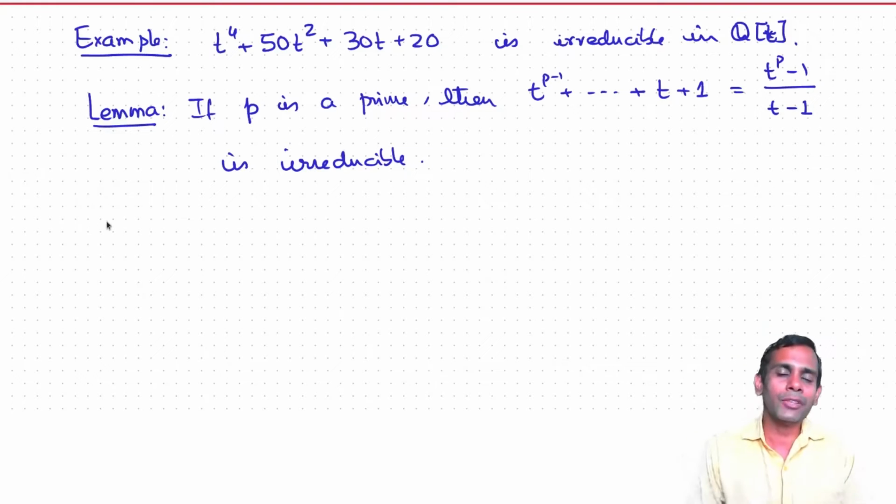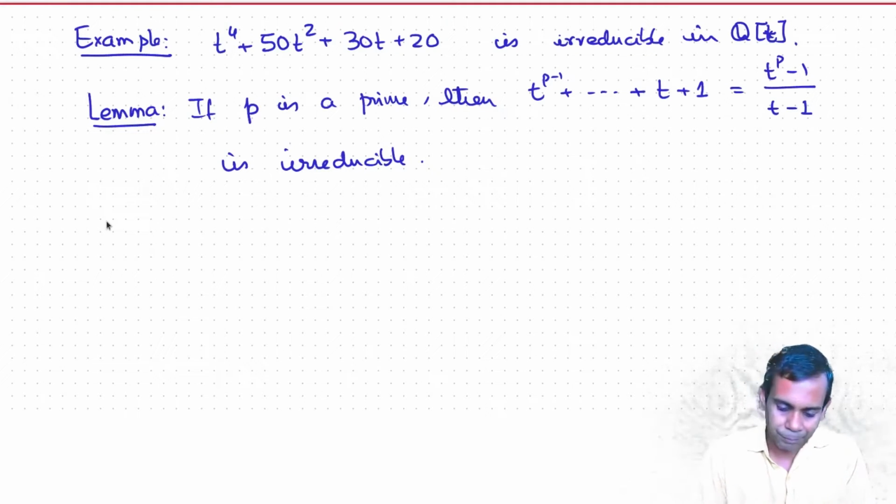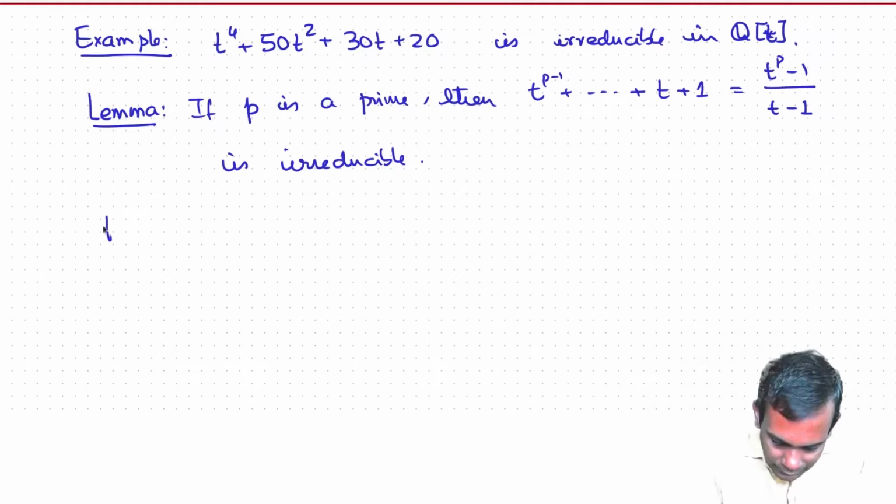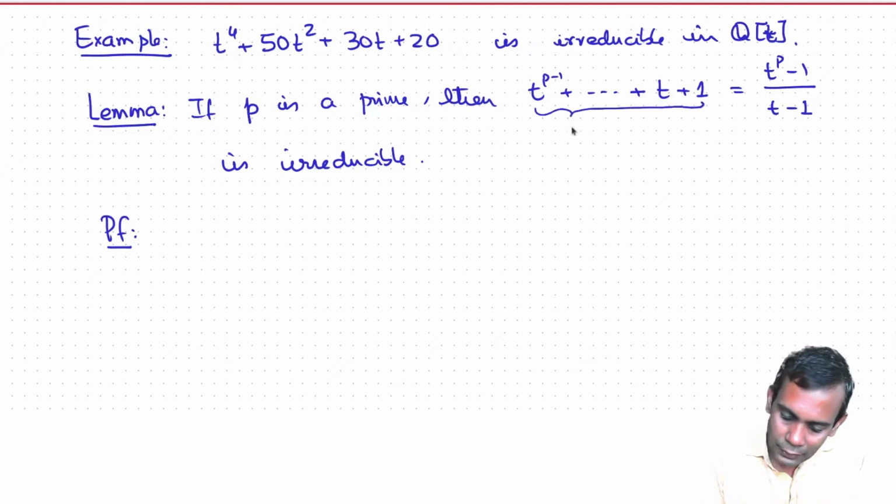Now the thing is, if you take a polynomial and transform the variable like that, if the original polynomial was irreducible, then the transformed polynomial would also be irreducible. So let's call this polynomial, well, it turns out that this polynomial is actually the pth cyclotomic polynomial.